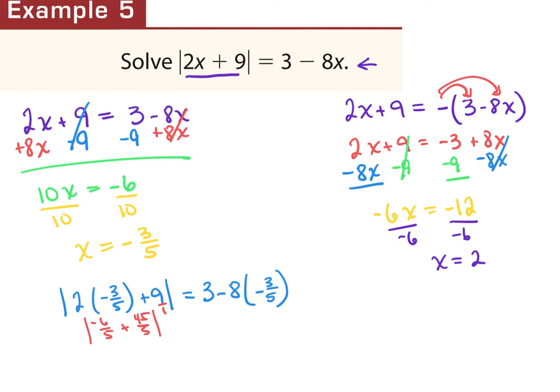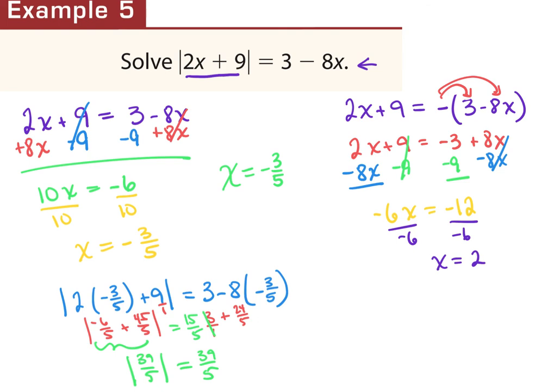Over here, I'm going to get 3, negative and negative, that's going to be plus, and I am going to get 24 over 5. And again, we have to make this 3 over 5, so this will become 15 over 5, right? Inside here, absolute value of 39 over 5 equals 39 over 5. Is that true? Yes. So x equals -3/5 is one of my answers.